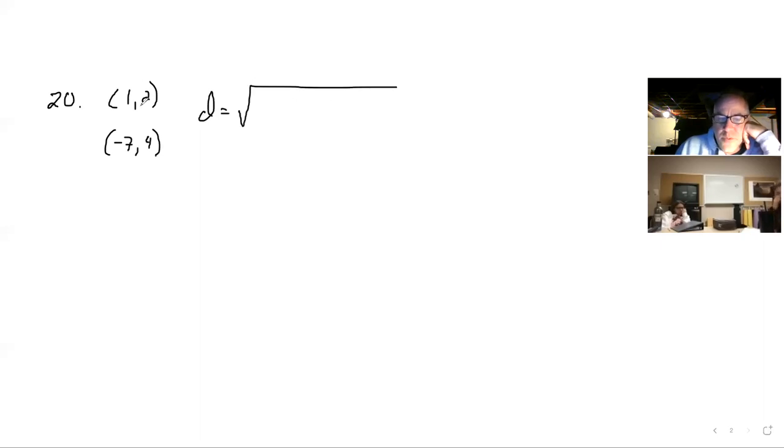Then D is the square root of the difference of the x coordinates, just watch your signs, 1 minus -7 squared, plus the difference of the y coordinates, 2 minus 4 squared. We'll simplify as much as we can. That's going to be 8 squared, so 64. This is going to be -2 squared, which gives me 4.